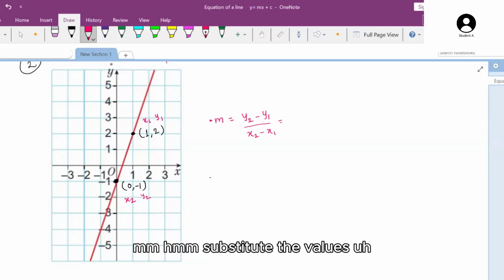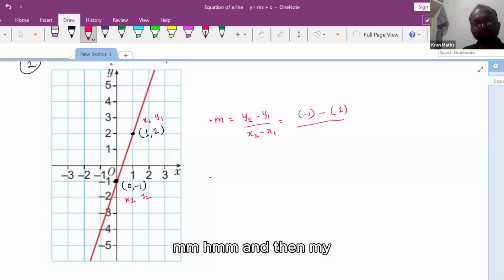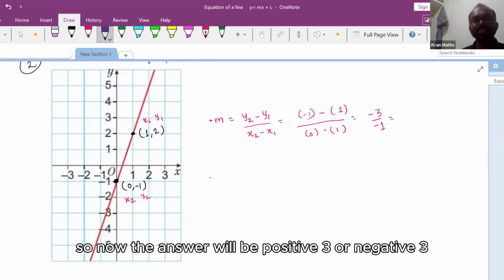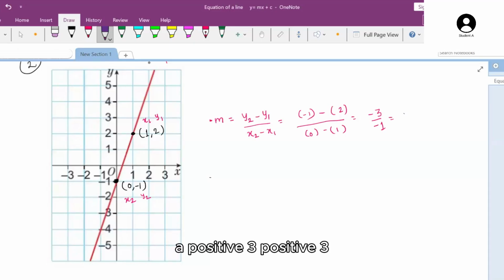Substitute the values. y2 is -1, so -1 minus 2 equals -3, and then x2, which is 0, minus x1, which is 1, gives -1. So now the answer will be +3 or -3? It is +3.